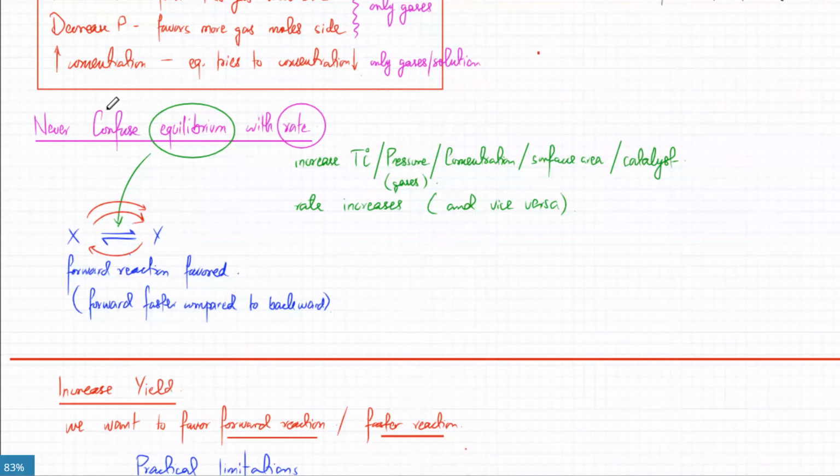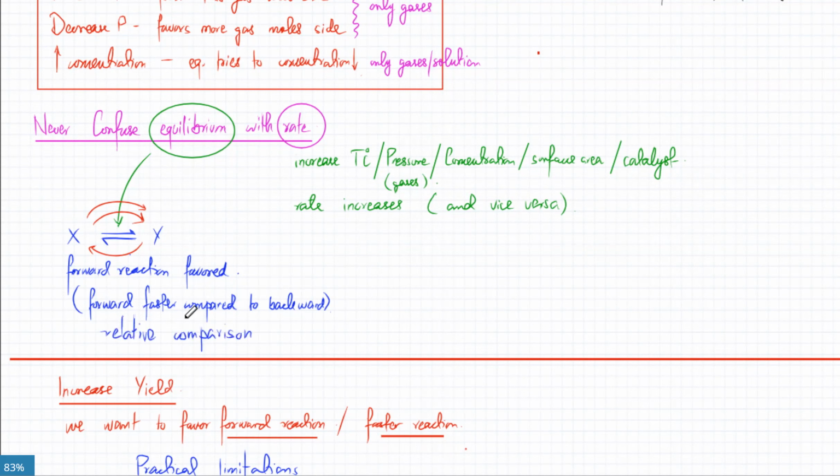So when you talk about equilibrium, equilibrium is a relative comparison. Let me add that here.